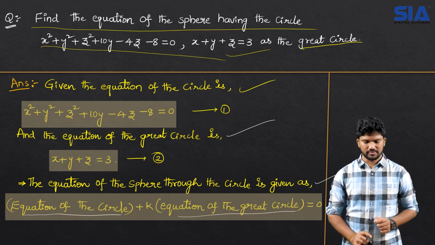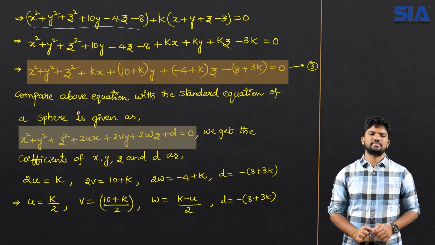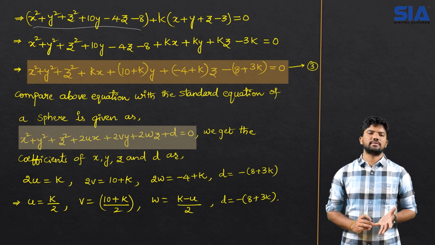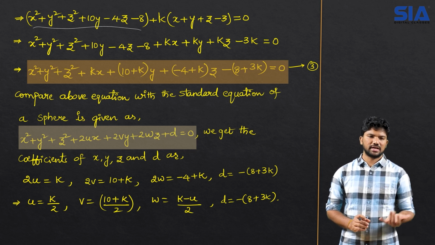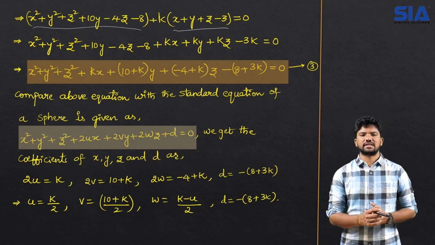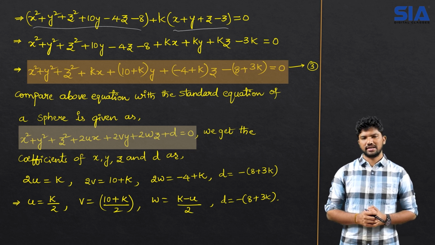That is the equation, and mathematically we can write the equation of the sphere as x square plus y square plus z square plus 10y minus 4z minus 8 plus k into the great circle, x plus y plus z minus 3, equal to 0.